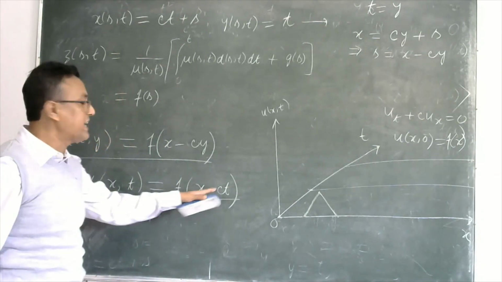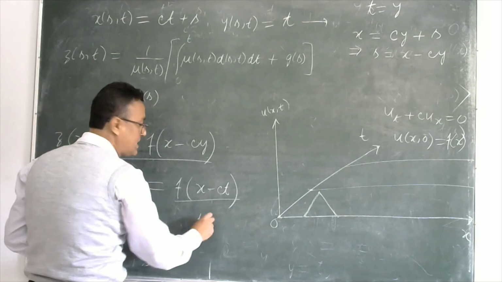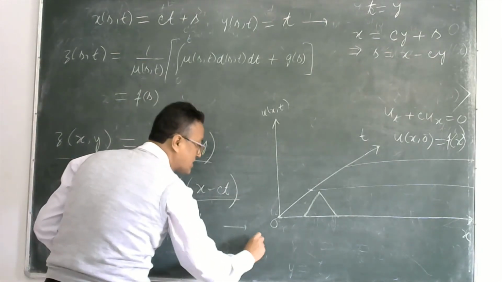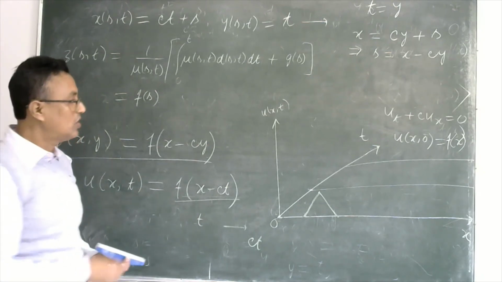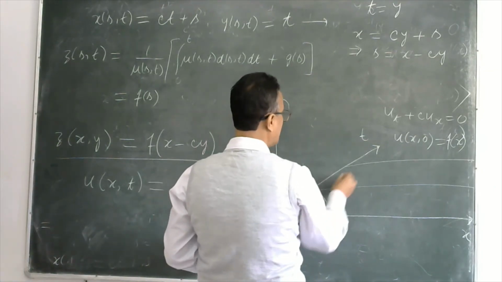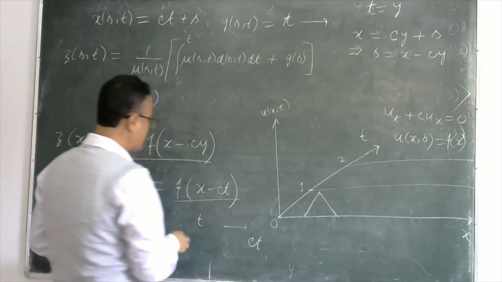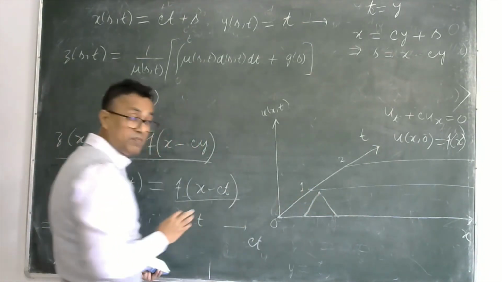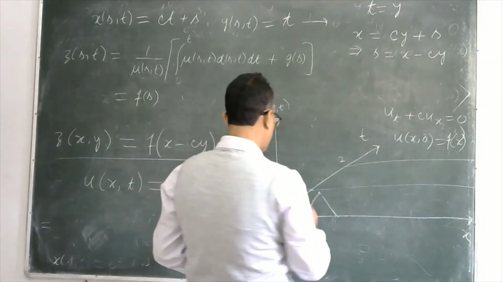What does f of x minus ct mean? This means that at time t, the initial profile is simply shifting ct units towards right, isn't it? Say suppose you take t equal to 1, and this is 2. At time t equal to 1, this initial profile is going to shift c units towards right.